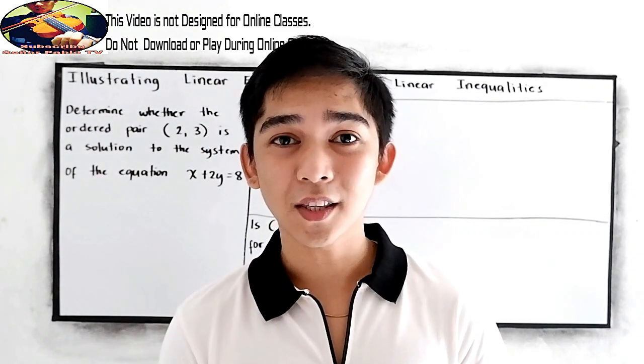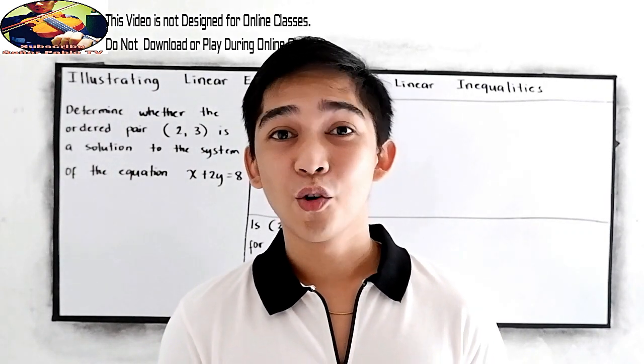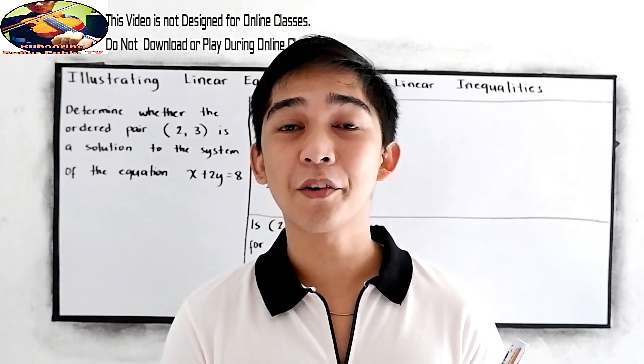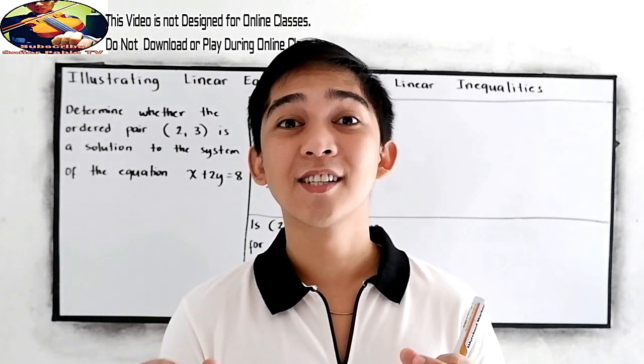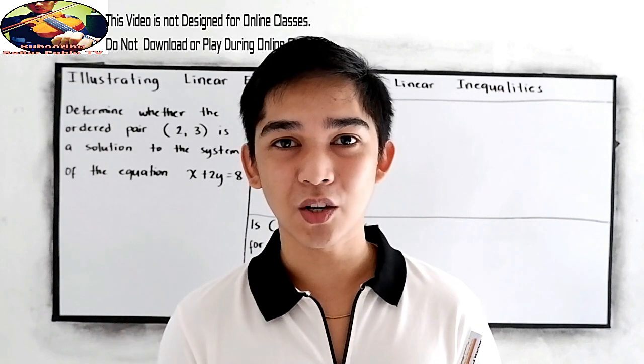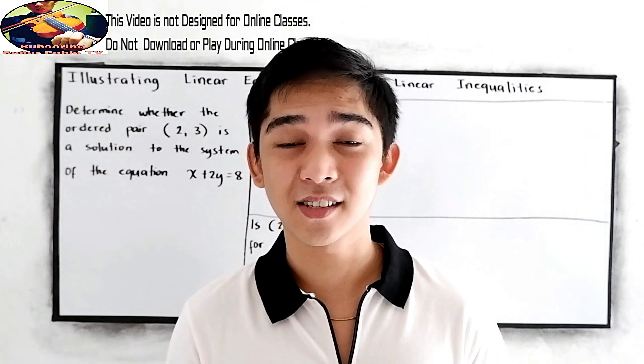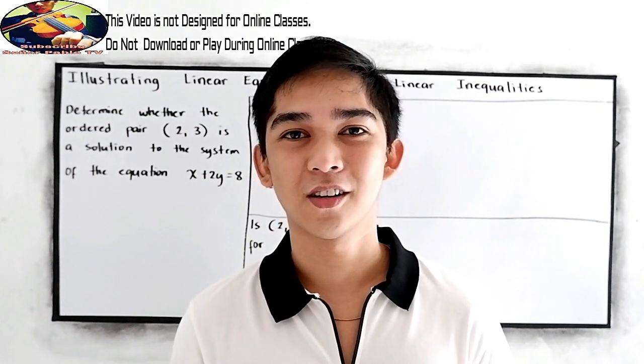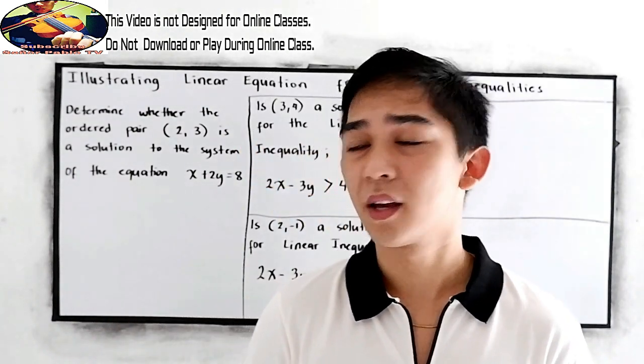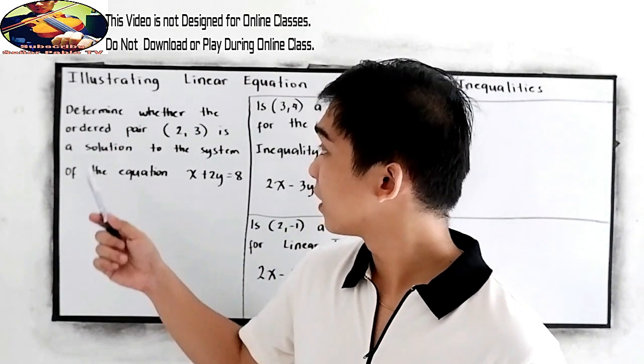In linear inequality and linear equation, we need to test whether our values for x and y satisfy our inequality or equation. In our previous videos, we discussed the linear equations. Now let's have a short review. Let's say we have this problem.